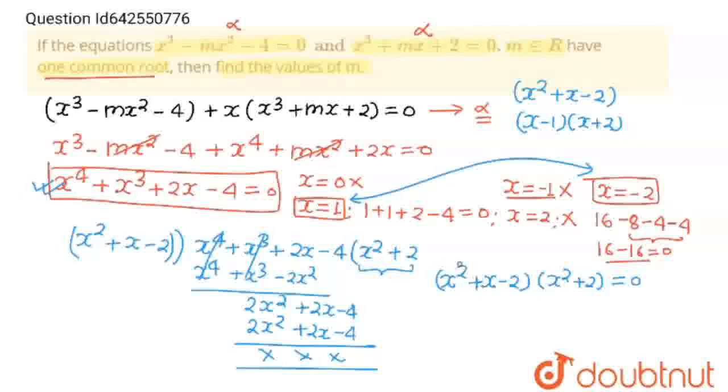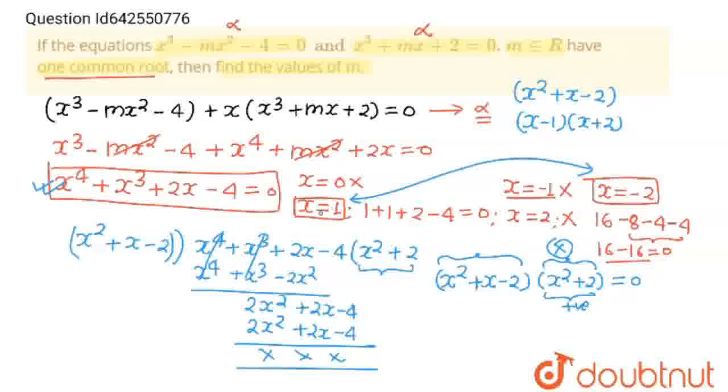And this equation has only two roots, the roots obtained from this. And this quadratic will have no roots. Okay, here you can see x square is a non-negative term plus 2. This is a positive term. Non-negative term plus positive term will always become positive. And positive equals 0 is not possible.